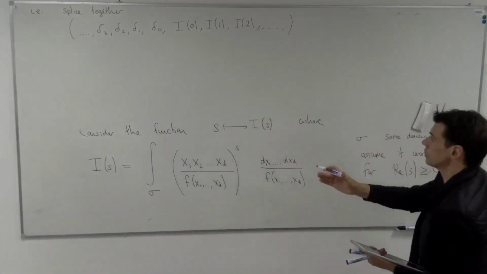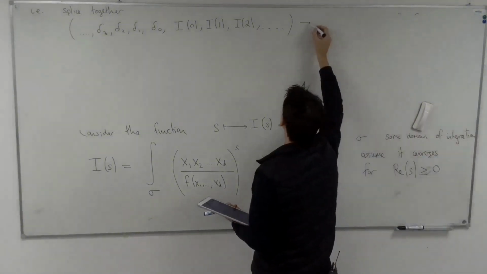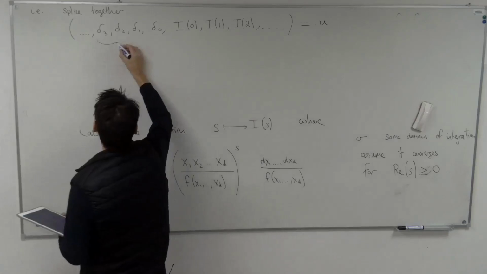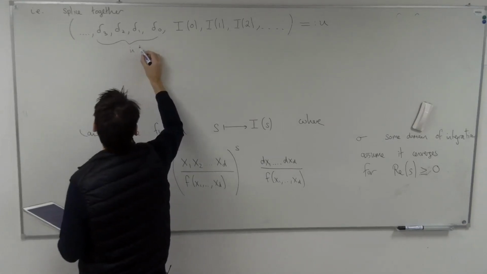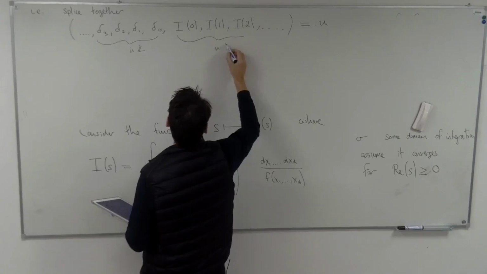And now we get a sequence which is infinite in both directions. So these are our integers, and these are typically real numbers.